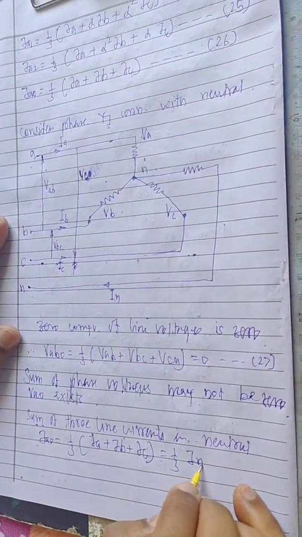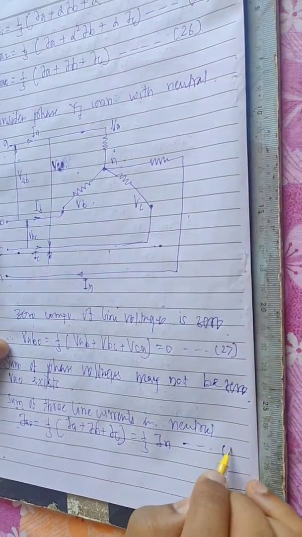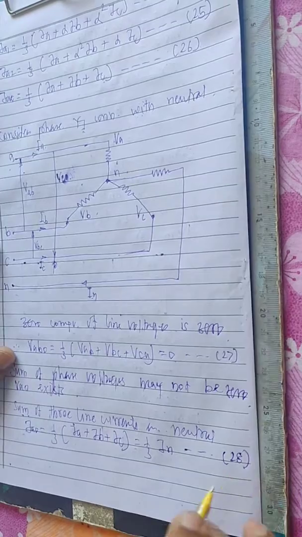So 1 upon 3 into IN. This is equation number 28.